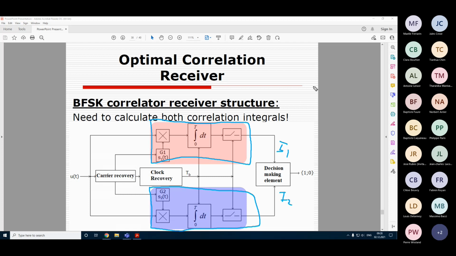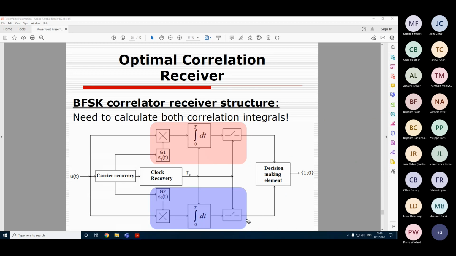Consider, for example, that S1 matches symbol 1 and S2 matches symbol 0. Then, if integral 1 is greater, then that was the signal S1, and accordingly that means that we sent 1. Otherwise, it will be 0. Pretty simple as that.